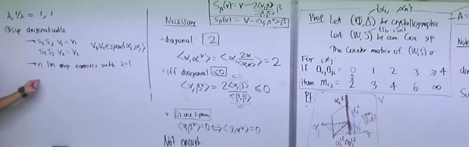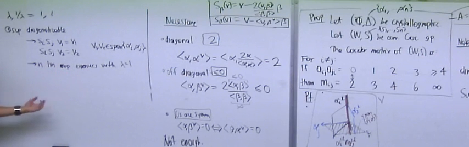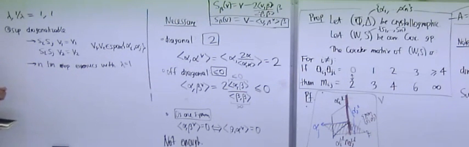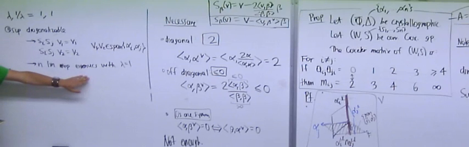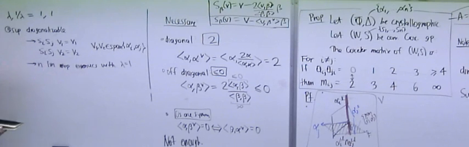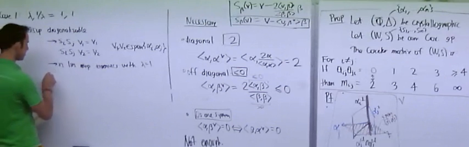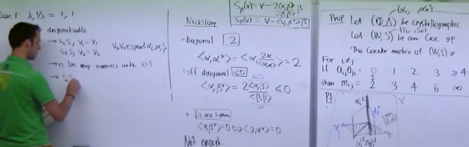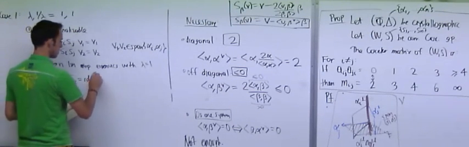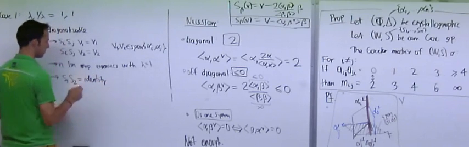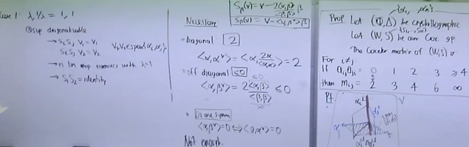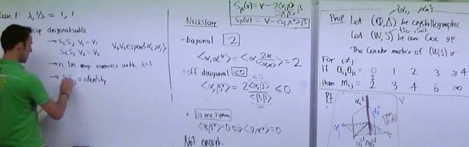And these eigenvectors are n linearly independent things, so they are a basis for the whole space. Okay? If Si Sj doesn't do anything to an individual eigenvector, then it doesn't do anything to the whole space. Okay? So that means that Si Sj is the identity.